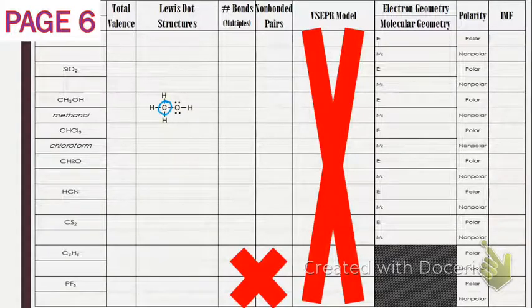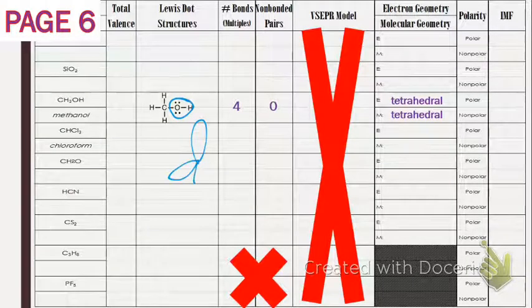So carbon is our central atom here, and you can see that it just has 4 bonds, no lone pairs. And we've seen several different examples like this where it's just going to end up being tetrahedral. Now, this OH group, this hydroxide group that's sticking off over here, is going to mean that one of those lobes of the tetrahedron is going to be a little bit bigger than the others.